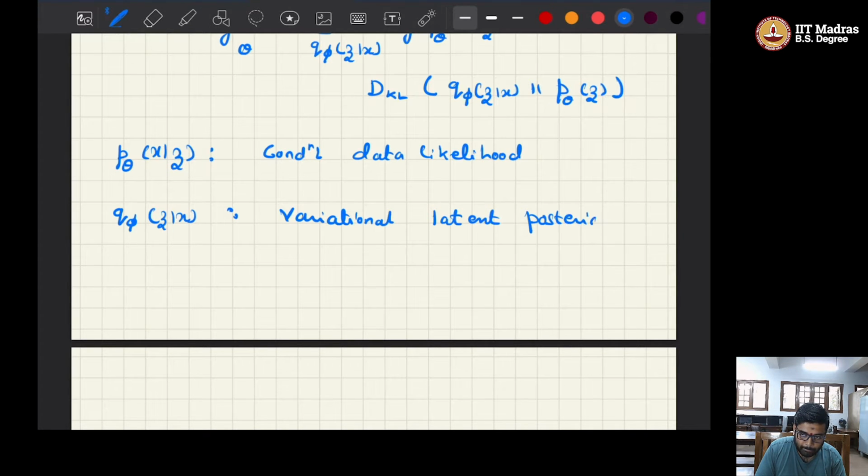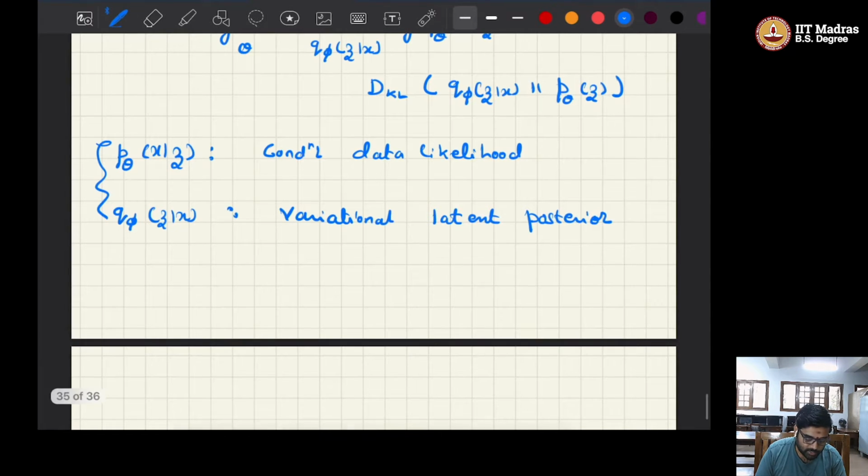Both of these distributions we want to represent using a neural network. This is what we want to proceed with.